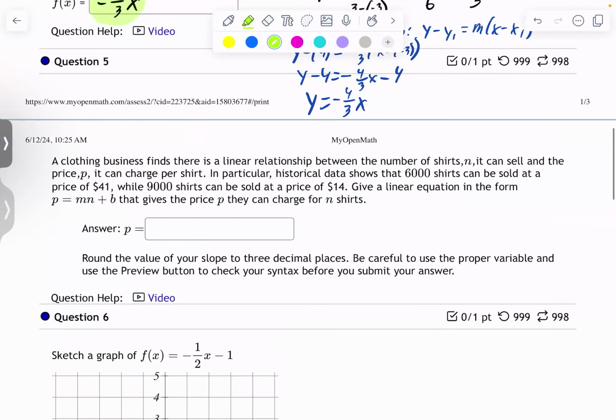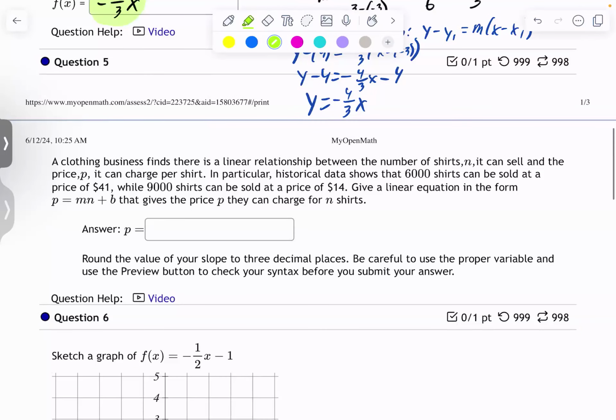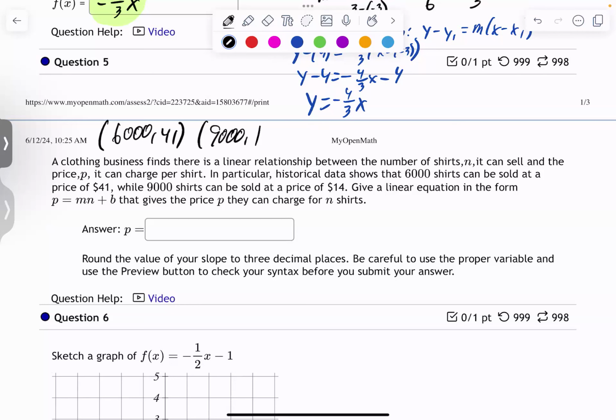So I want to be clear, what we have here are two ordered pairs. We have 6,000, 41, and we have 9,000, 14. So to find our slope, we're going to need to do 14 minus 41 over 9,000 minus 6,000.